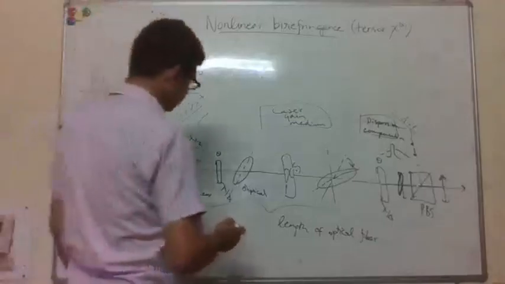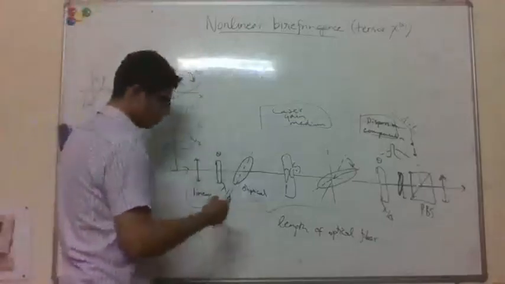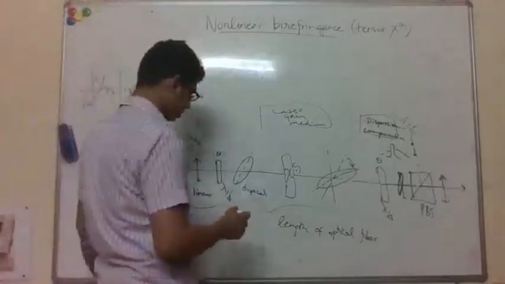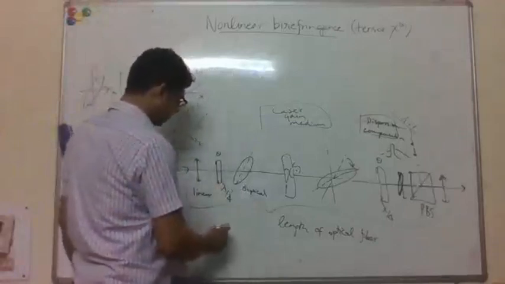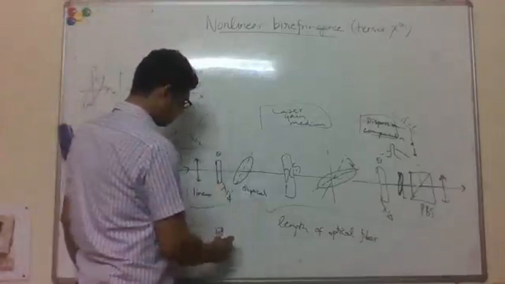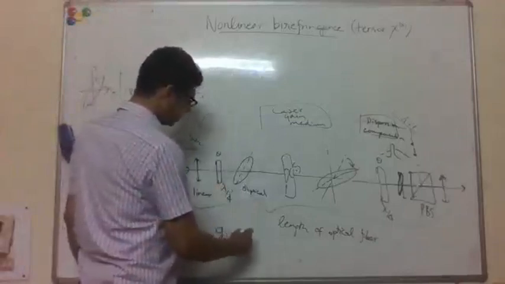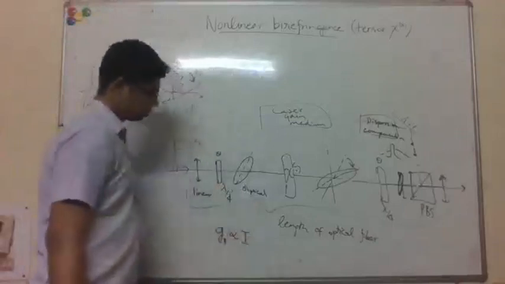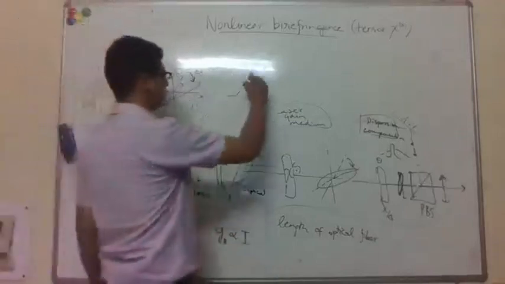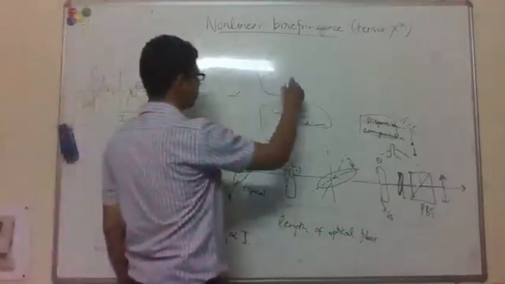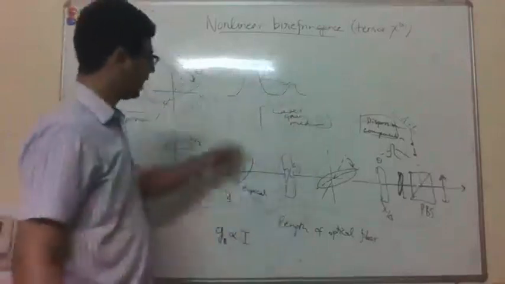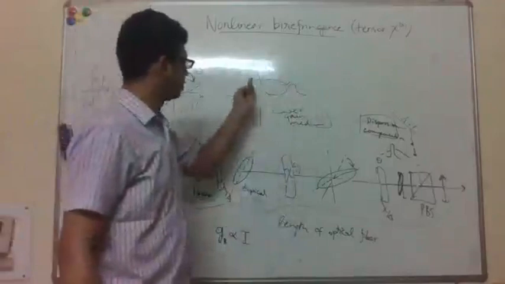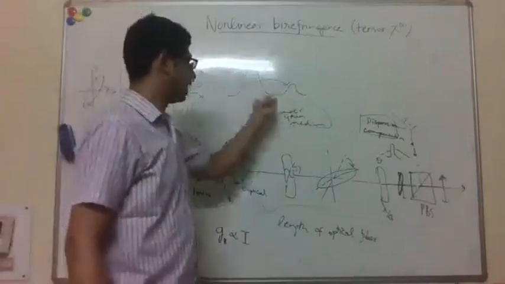So SBS, I mean, we'll study Brillouin scattering later in the course. With Brillouin scattering, you can define some Brillouin gain, and typically that scales with the intensity. If you have a pulse, that will give you some Brillouin scattered light, and the higher the intensity of the pulse, the higher the scattering.